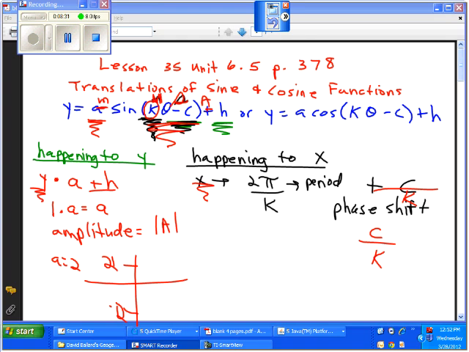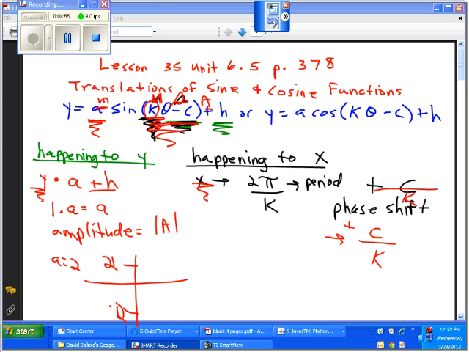So you're going to do the inverse of subtraction, which is addition. And then you're going to do the inverse of multiplication, which is division. And you'd have C over K for a phase shift. Now, if K was 1, it would just be the C. All right? Everybody see how we got that?